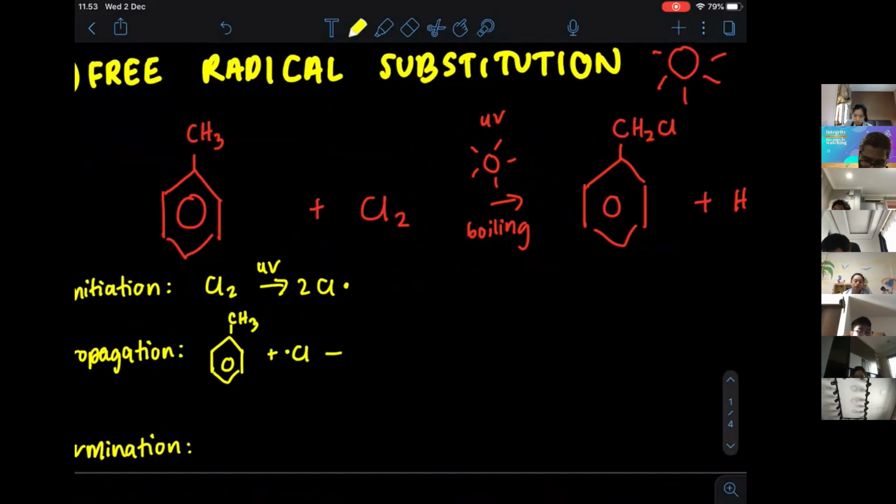And then you are going to get something like this, and one of the H will go out. You will have a dot on the CH2. There is a new free radical being formed, and then you will have HCl.